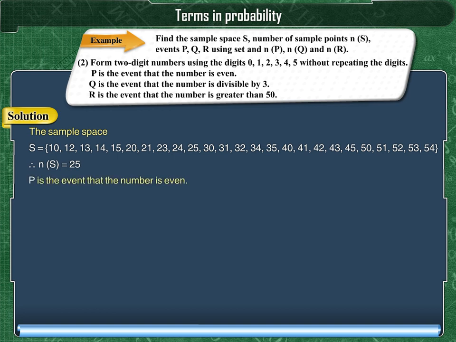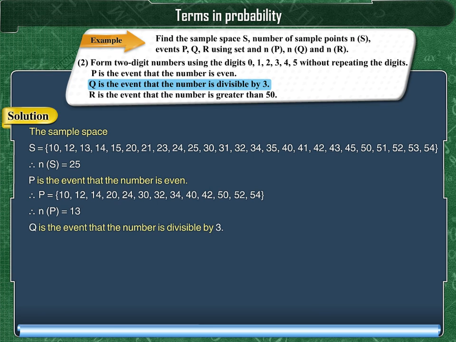P is the event that the number is even. We shall select the even numbers from the sample space. Therefore, set P contains elements 10, 12, 14, 20, 24, 30, 32, 34, 40, 42, 50, 52 and 54. Therefore, n(P) is 13.